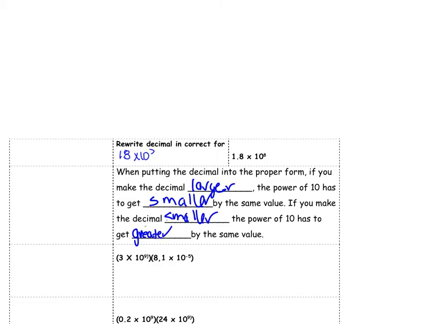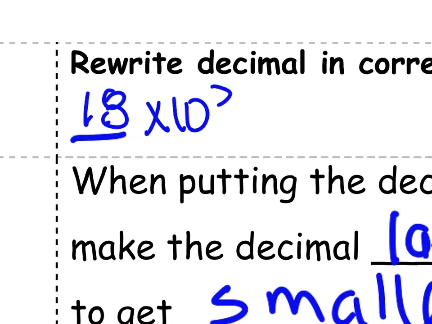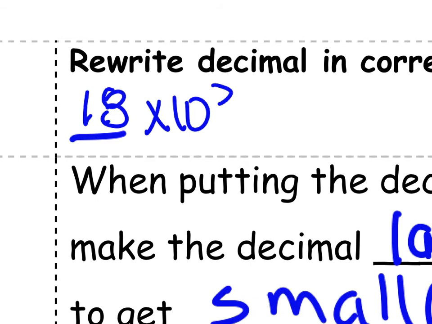So here we have our 18. We need just one number in front of the decimal. So I have to change that to 1.8. So I had to make this one smaller, so I have to make this one larger.